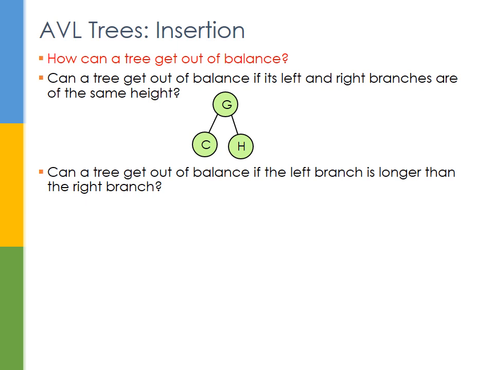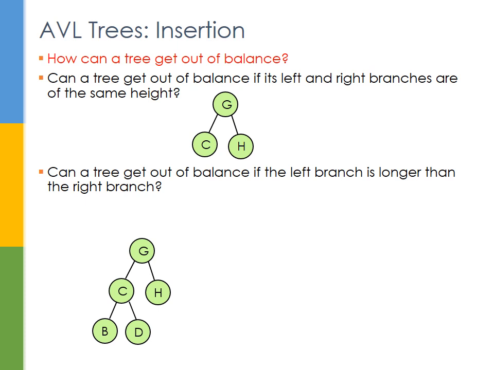So now let's consider a case where we have a tree where the left branch is longer than the right branch. So here we have an example of such a tree. We can see that the left branch has a height of 2 and the right branch has a height of 1. So this is a balanced AVL tree, but now the question is, if we perform an insertion, can this tree then get out of balance?